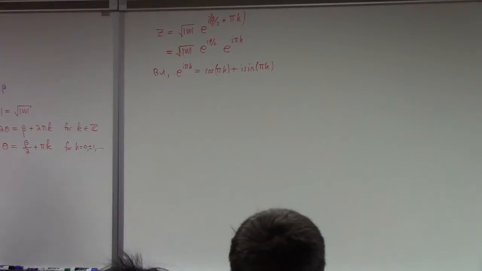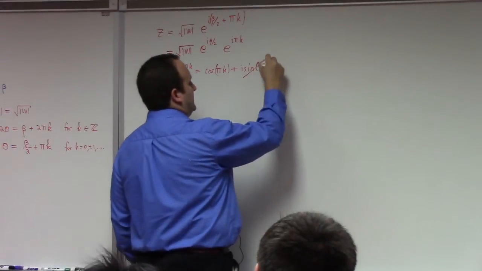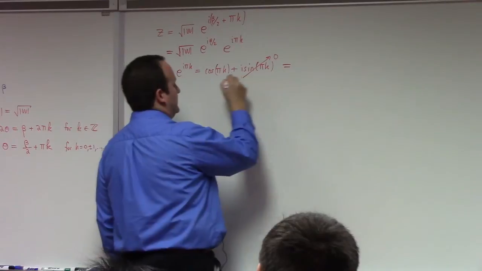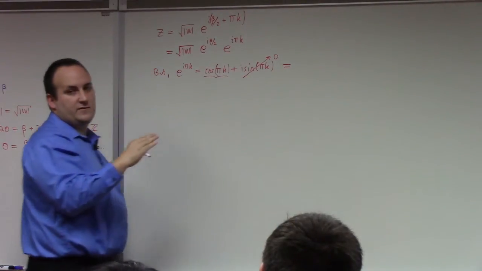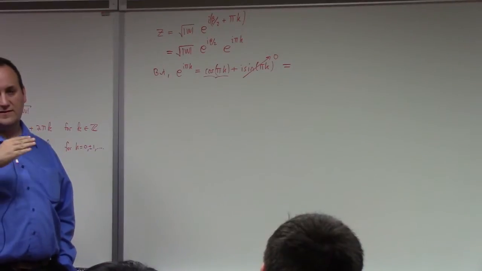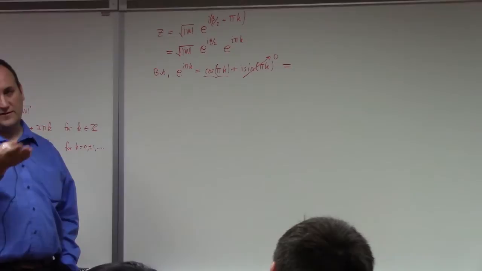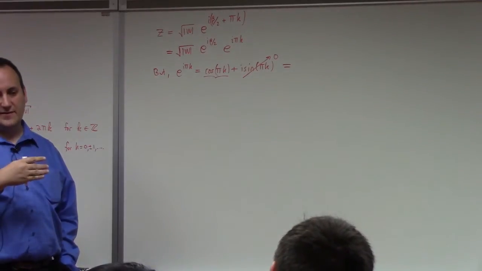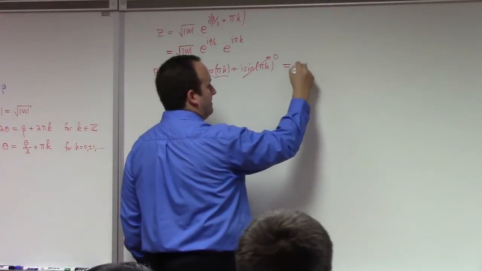By Euler's formula. And sine of any integer multiple of pi is 0, right? And there's a nice formula for the other thing too. This is just what? K equals 0, it's 1. K equals 2, cosine 2 pi, 1. But cosine of pi and cosine of 3 pi and cosine of 5 pi, they're all minus 1, right? So a nice formula for this is just minus 1 to the k, right?